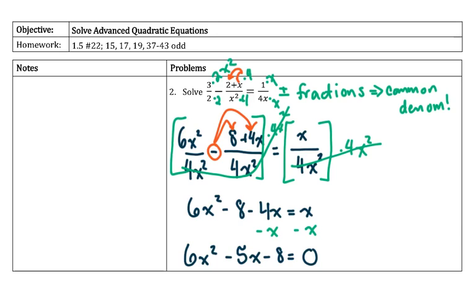Now if you remember, the quadratic formula always starts with ax squared plus bx plus c. So that means that 6 is our a, negative 5 is b, negative 8 is c.